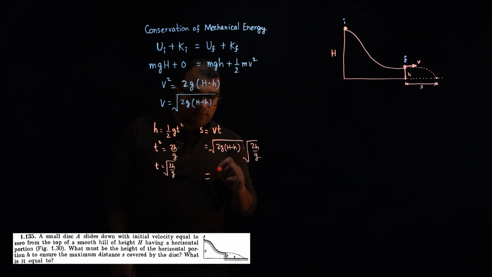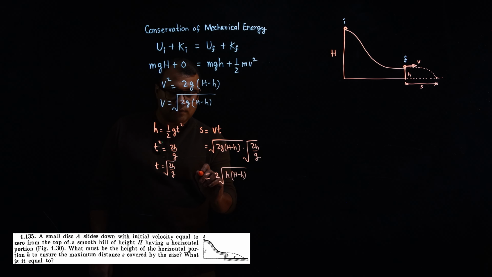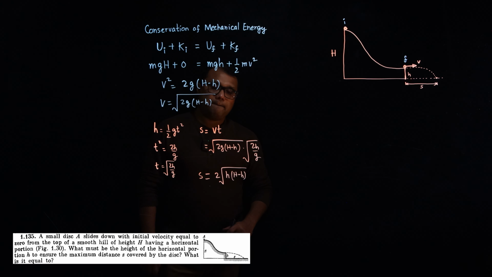So we can cancel out the g's, we can take 2 out, this becomes root of h(H minus h), okay. So this is the distance s.